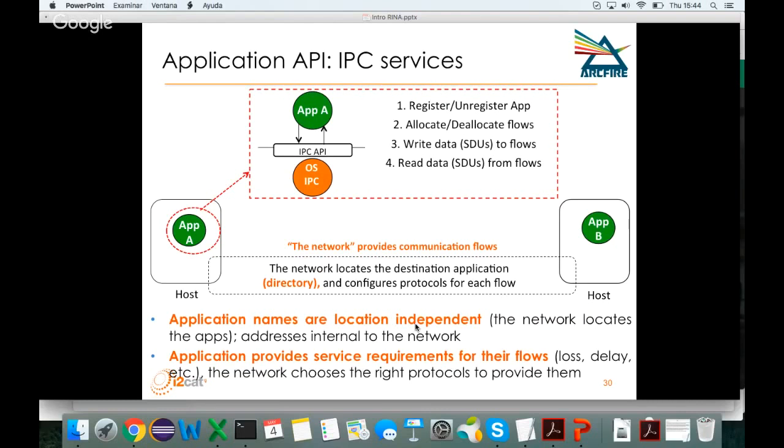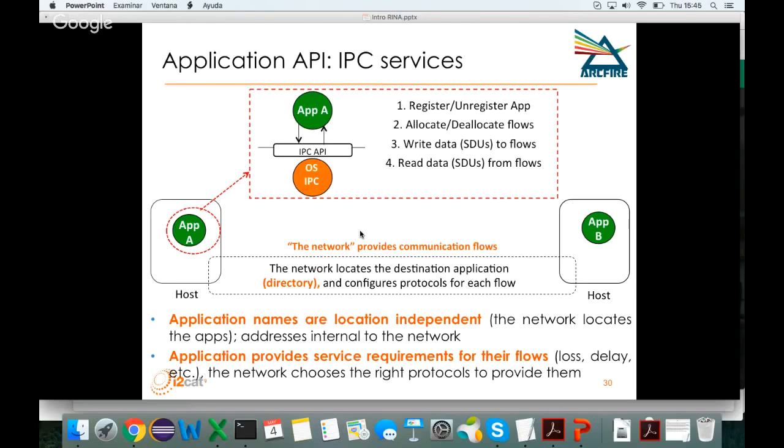We said at the beginning that we could characterize networking as just something that provides distributed IPC services to instances of applications. So what kind of application API will we need for that? Applications need to request these instances of communication, which we can call flows, for example.